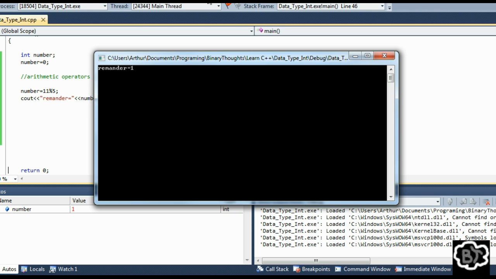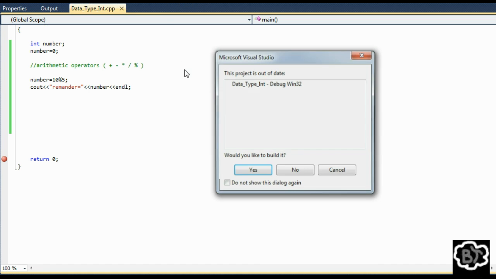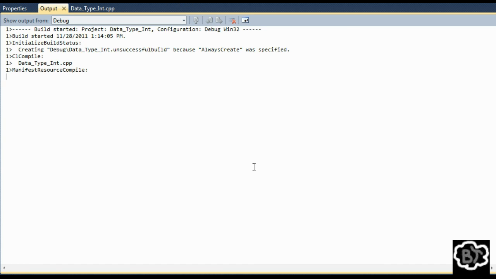The reason why this is very helpful is sometimes you have to divide numbers, but you want to know if they divide equally, and you can use conditional statements. If the number isn't 0, then there obviously is some sort of remainder, stuff like that. So if we were to do this on the first one, 10 modulus 5, we would get the result 0 because there is no remainder.